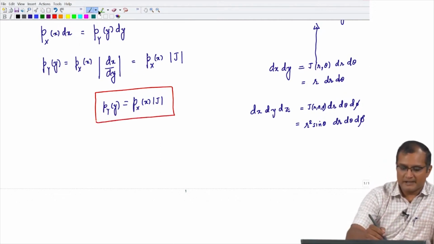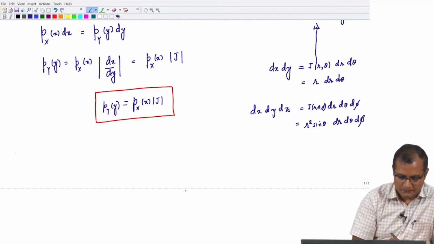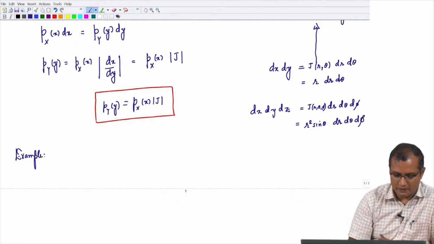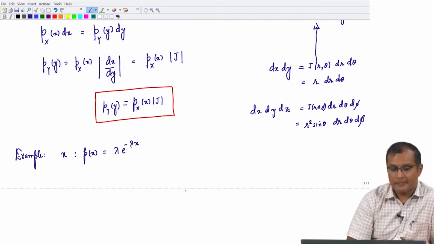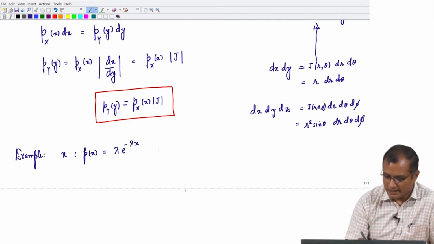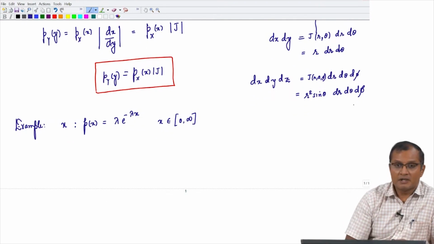So, we can take one simple example to illustrate the point. Take this example of a random variable x, which is distributed as lambda e raised to minus lambda x, and our random variable x is defined in the domain 0 to infinity.